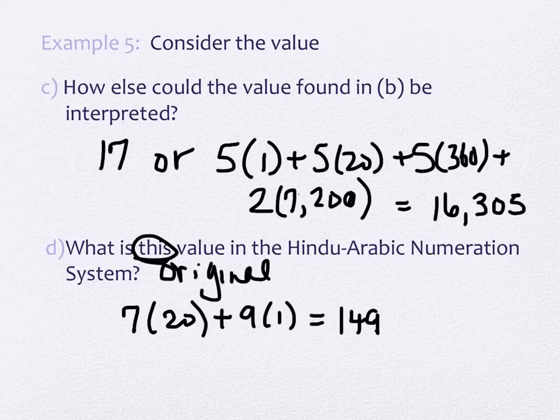So we thought we were getting 150. That's what we thought we were creating. But in creating the number 150, we realized that it looks exactly the same as the number 17 and exactly the same as the number 16,305, which is highly, highly unhelpful.